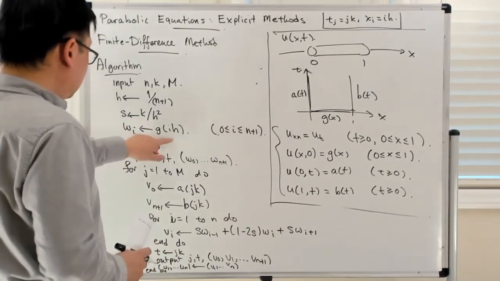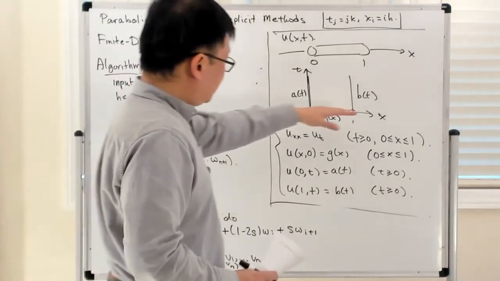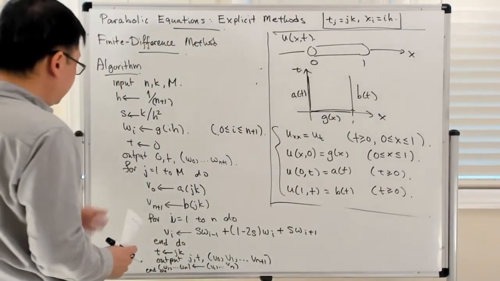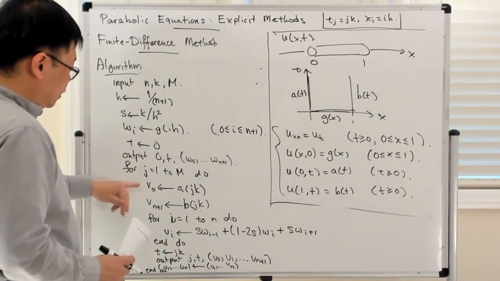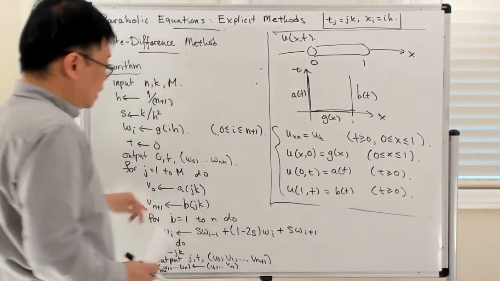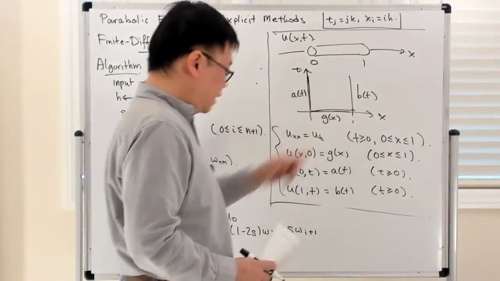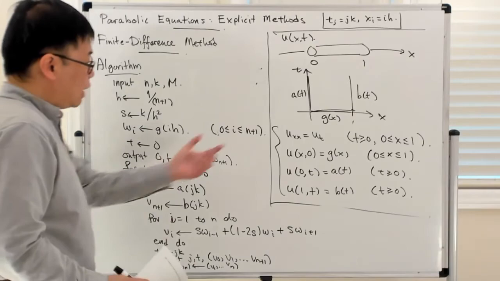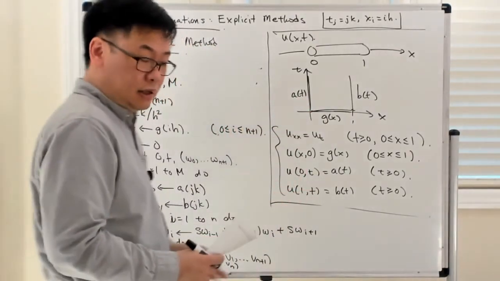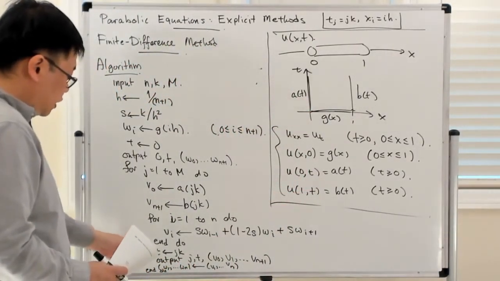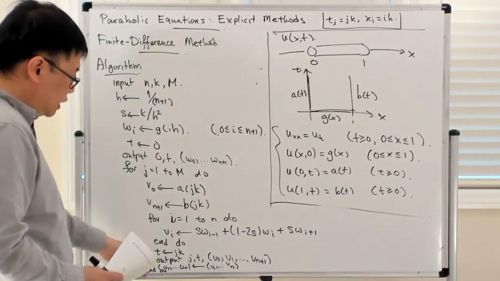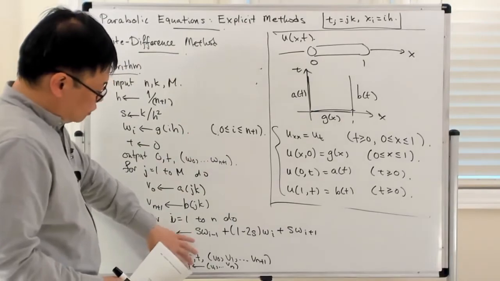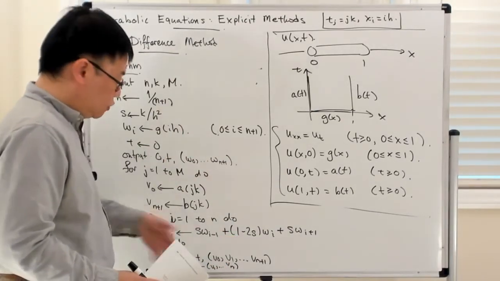You first populate the solution at time 0 with the data, the spatial boundary condition, and then you read off the boundary data on the left and right. And then you update the values in the interior using the formula which we saw. And then once you've done that, you output the data, and then you replace the data at the old time with the current value so that you can go through it again.